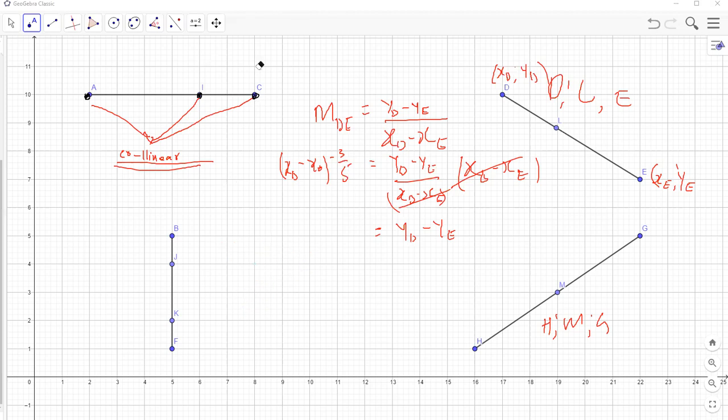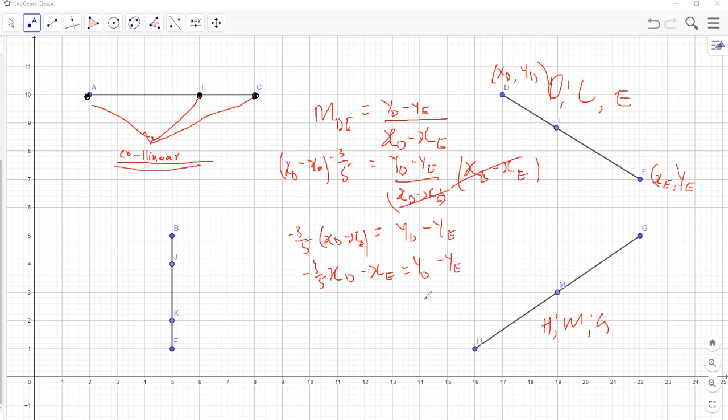It's going to be minus 3 over 5 into x_D minus x at E, okay? Then if I multiply this out nice and easy, I'm actually going to have minus 3 over 5 times (x_D minus x_E) is equal to y_D minus y_E.